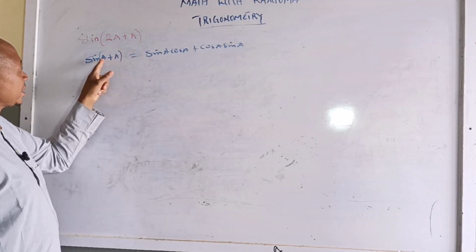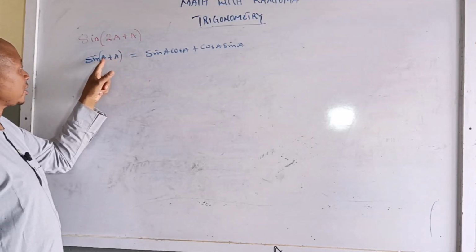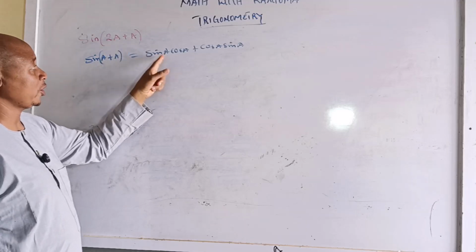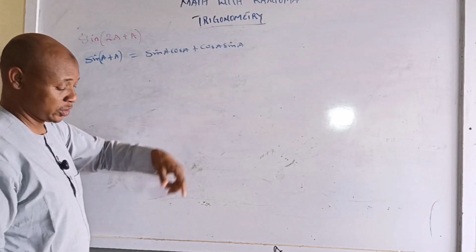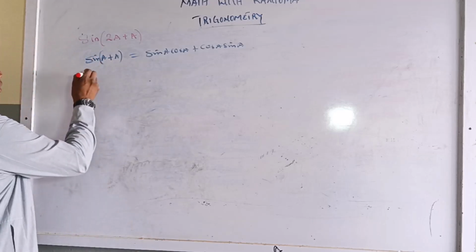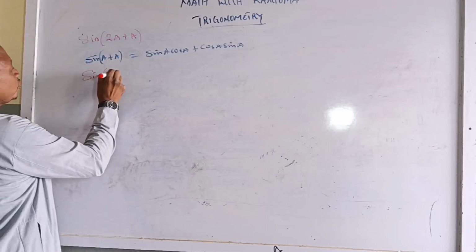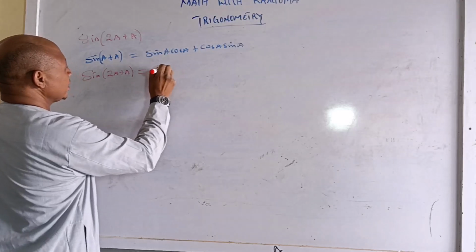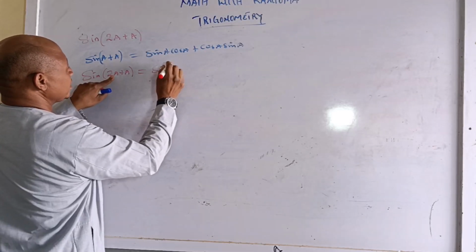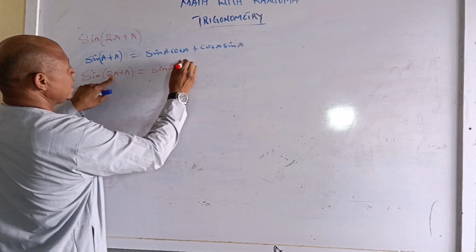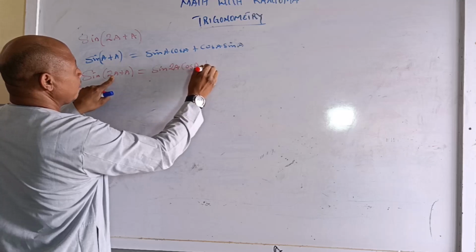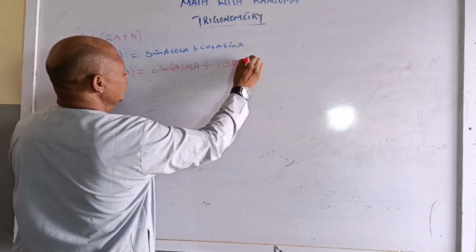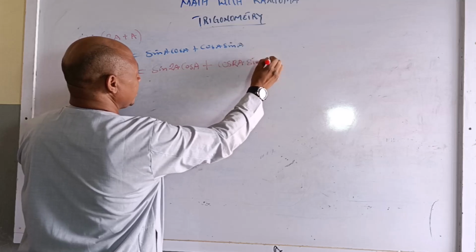So instead of writing sine a plus a, I can write sine 2a plus a, and then substitute the value of a to be 2a. One of the a will be 2a here, and then substitute it. So therefore, we said sine 2a plus a is equal to sine 2a first, then cos a, plus cos 2a, then sine a.